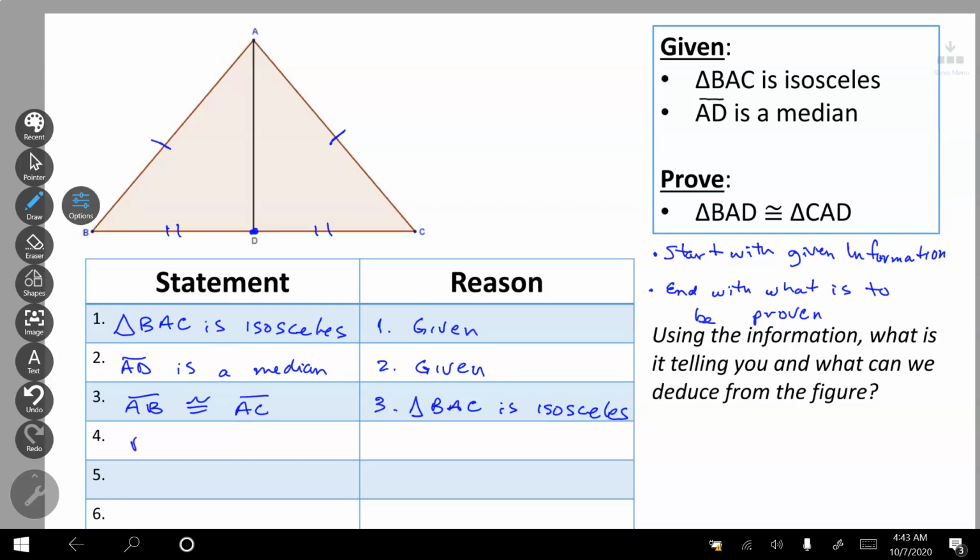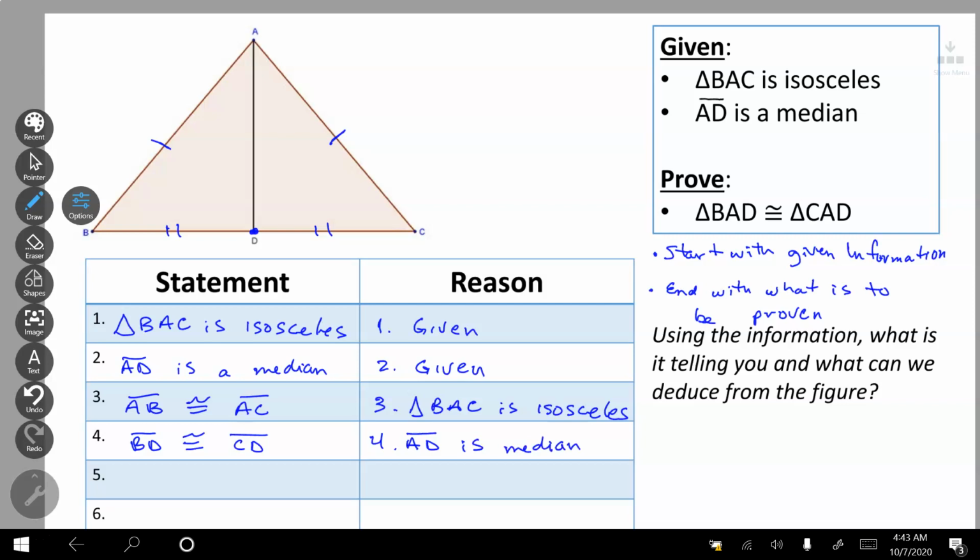So BD is congruent to CD because AD is a median, and the definition of a median is that it goes through a midpoint.